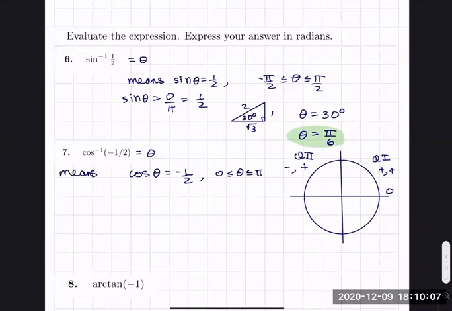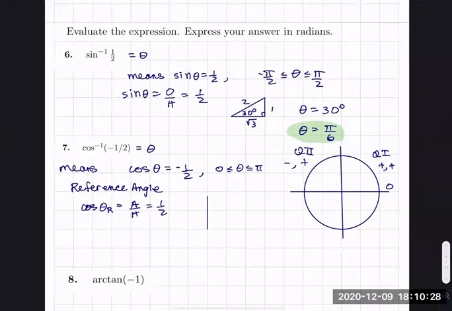Now, I am going to find a reference angle. Cosine theta reference is adjacent over hypotenuse, and that's 1/2. So I take away the negative when I'm doing a reference angle, and I draw a 30, 60, 90 triangle where this time adjacent to theta reference is 1, and the hypotenuse is 2.